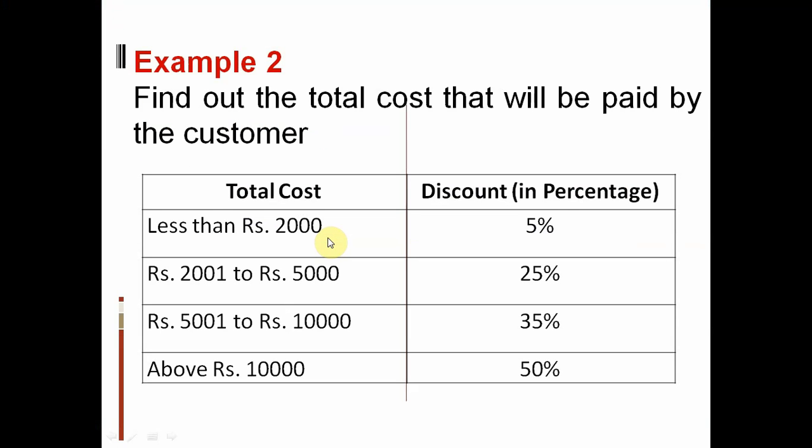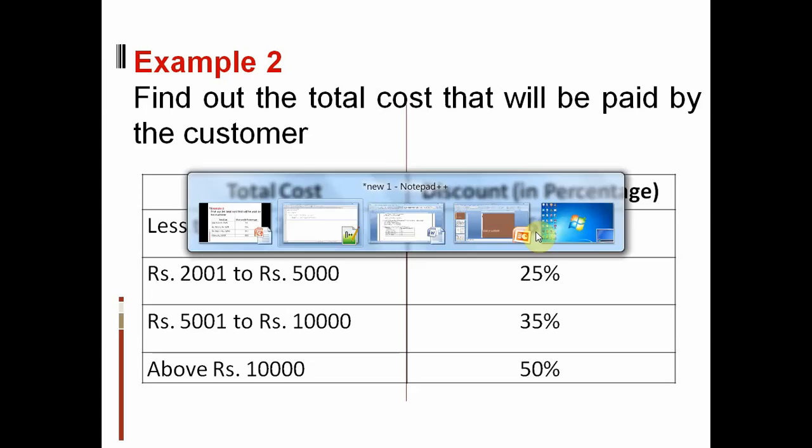Now first of all we have to ask the user to enter the total cost of purchase, and on the basis of total cost we have to calculate the percentage of discount, and then we have to print the final amount.